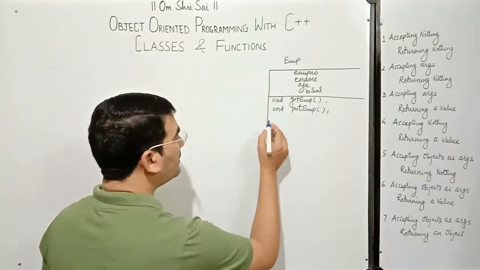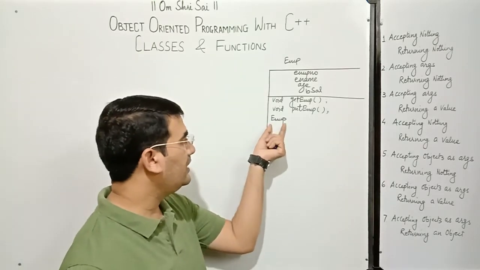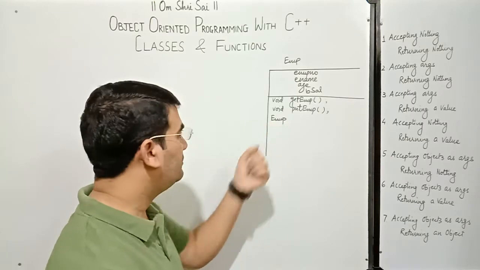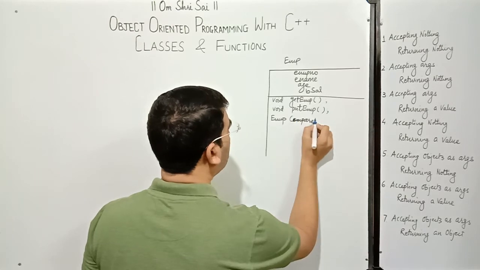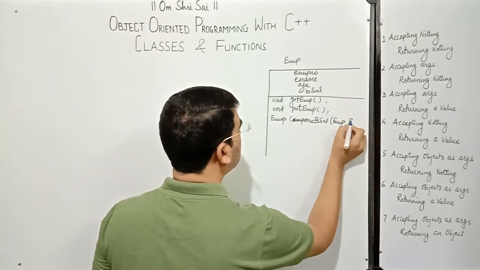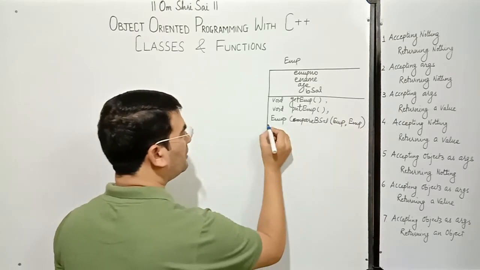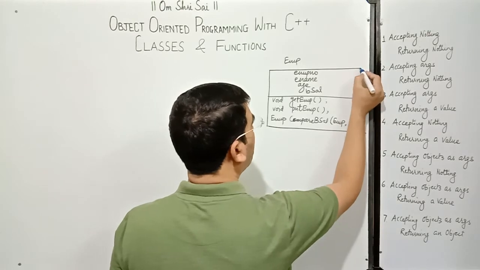So we will return a value that will be of the type EMP, and that will be the EMP object which will be returned. The name of function will be compareBcell, and this will accept two EMP objects which are to be compared. So this will be the structure of the class, and now we have to define the class.